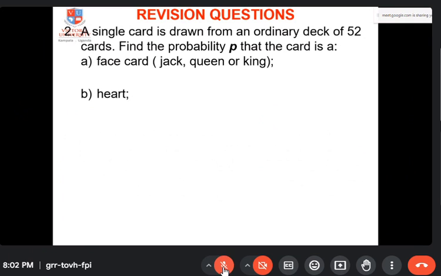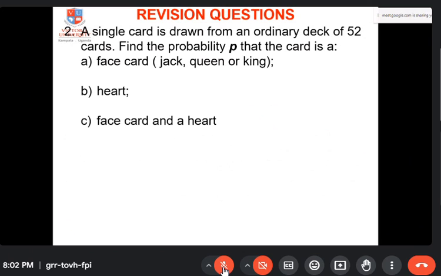Very good. Then what is the probability of getting a heart? Very good. That is 13 out of 52.